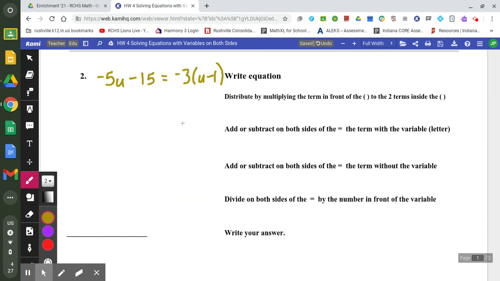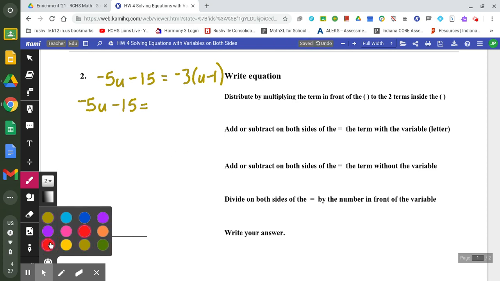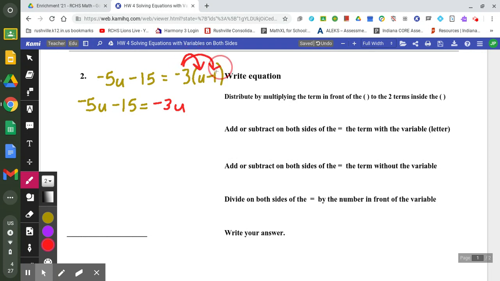So on number 2, I write the equation, and then I'm going to distribute by multiplying the term in front of the parentheses to the two terms inside the parentheses. So that means that this side of the equal sign stays exactly what it is, negative 5u minus 15 equals, and then I'm going to multiply negative 3 times u to get negative 3u, and negative 3 times negative 1 to get positive 3.